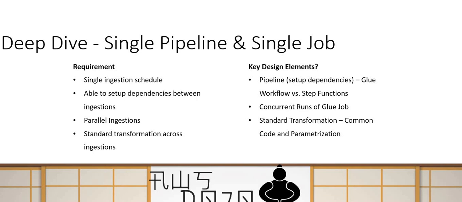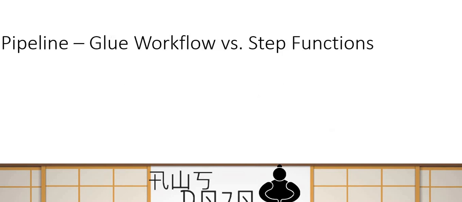My table names are different, my database names could be different, my destination could be different. People can have that kind of requirement, and in such a case, how do I create a common code and parameterize it so that a single job can be used in my pipeline? So let's go through each of the design things one by one.